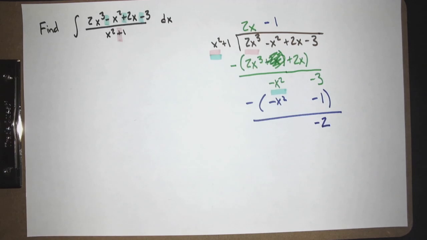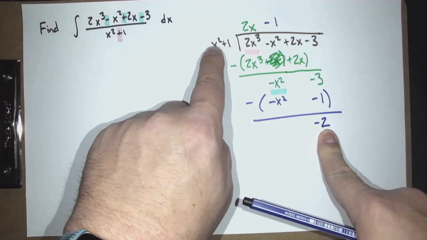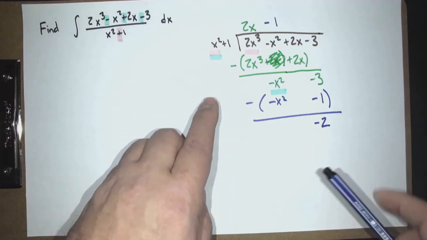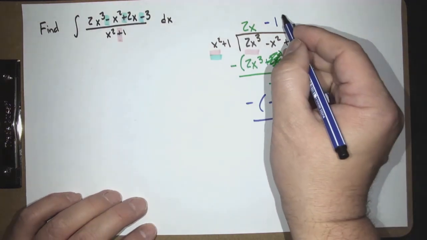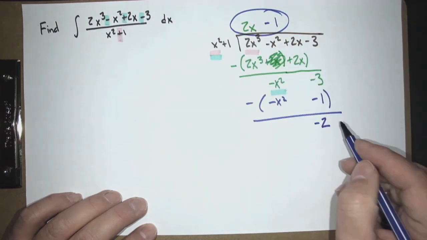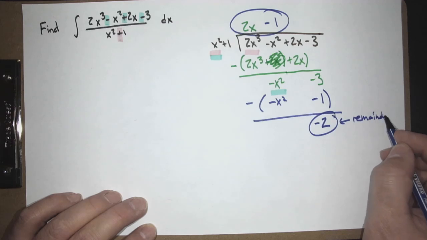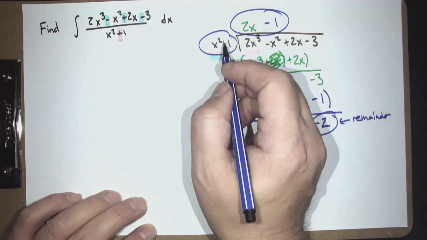Now at this point, we stop. We stop once the power of what's left is below the power of what we're dividing by. So we have 3 pieces. This is what we got from dividing. This is our remainder, what we couldn't account for, and of course what we divided by.